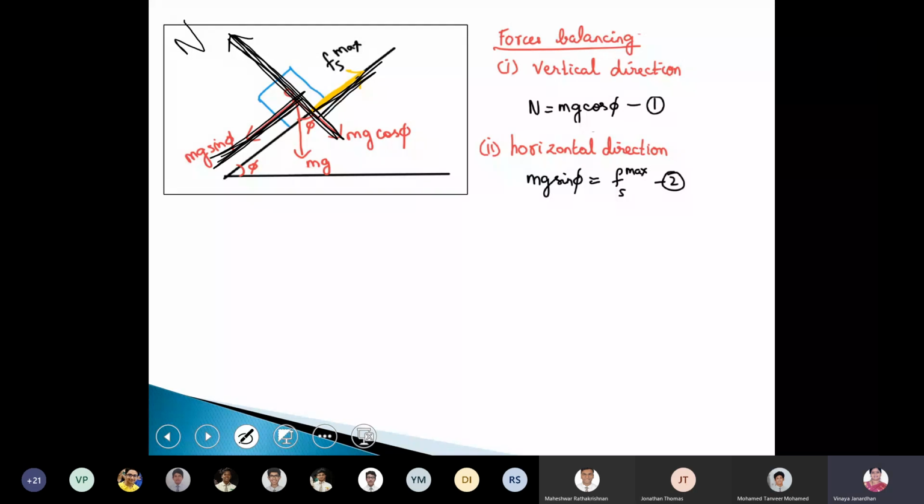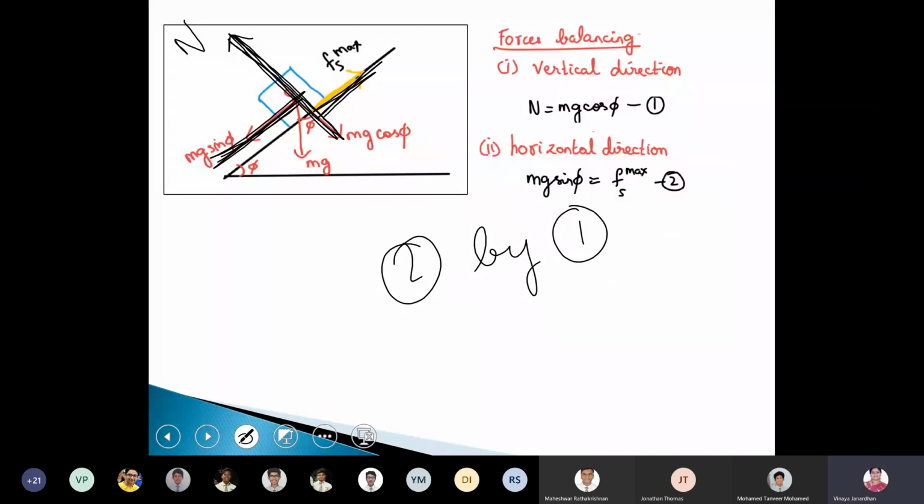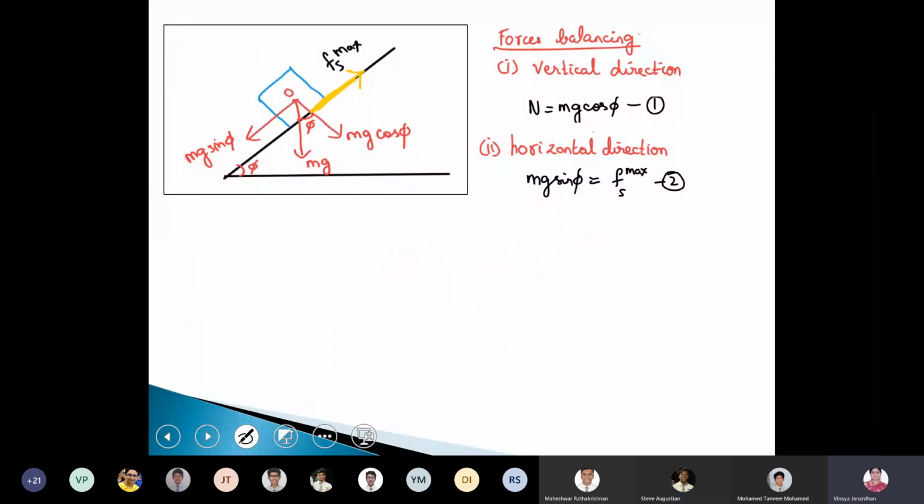Now, can you divide equation 2 by 1? Can you divide this equation, boys? What is the value you are getting? Dividing 2 by 1, are you getting this?